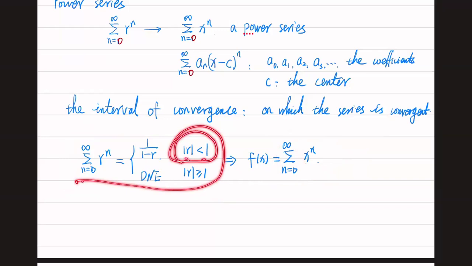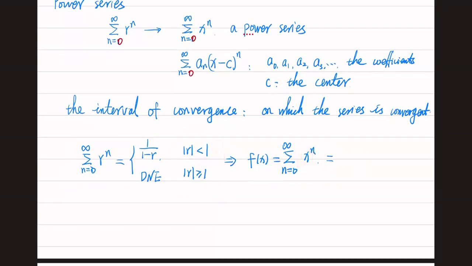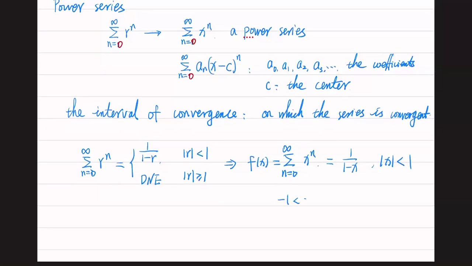So here the same thing: when the absolute value of x is less than 1, it's convergent. Okay, so in this case, this domain, we call it the interval of convergence.